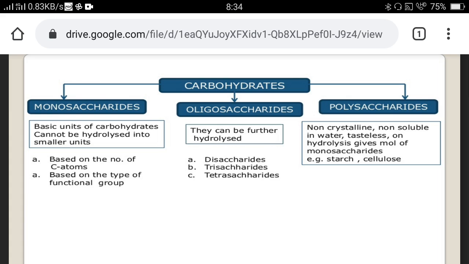Oligosaccharides, they can be further hydrolyzed. Examples: disaccharides, trisaccharides and tetrasaccharides. Polysaccharides, non-crystalline, non-soluble in water, tasteless, on hydrolysis give more molecules of monosaccharides. Example: starch, cellulose, etc.